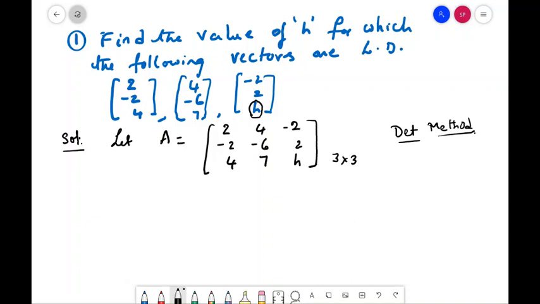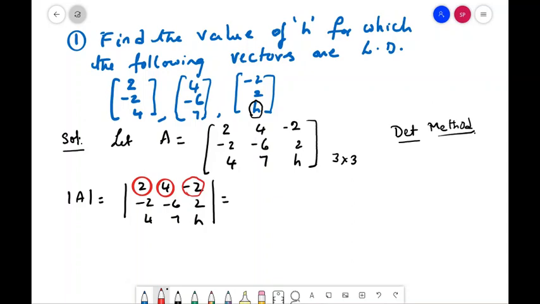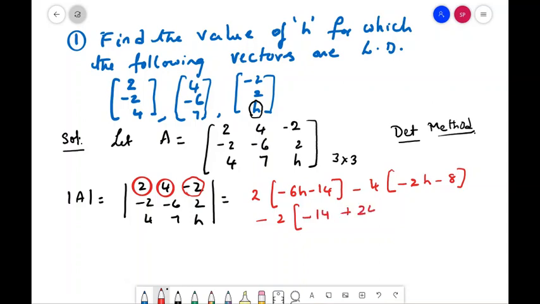So what is det A? Det A is equal to the determinant of 2, 4, minus 2; minus 2, minus 6, 2; 4, 7, h. Expanding on the first row, I have 2 into minus 6h minus 14, then minus 4 into minus 2h minus 8, and then minus 2 into minus 14 plus 24.